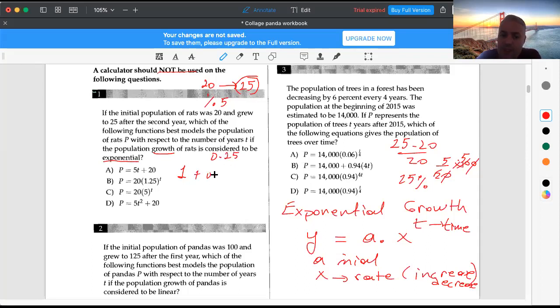So 1 plus 0.25, which will be x, which will be the rate, 1.25. That's it. This is the x. And in the formula, when I substitute here, the initial value is 20, the rate is 1.25, and the time is t. So this is the answer B. Is it okay now or not?